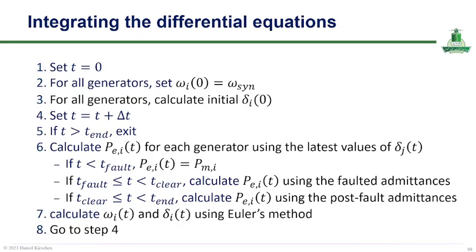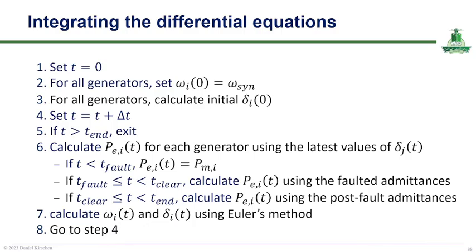So at each step, the electrical power output of each generator is computed based on the most recent rotor angle values. So the network conditions are adjusted depending on the system states: pre-fault, during the fault, and post-fault, each using the corresponding admittance matrix.